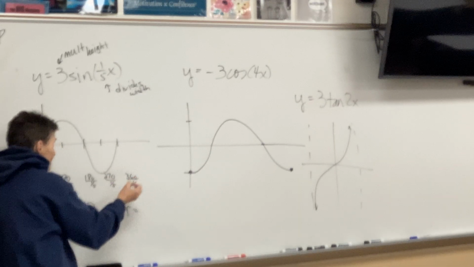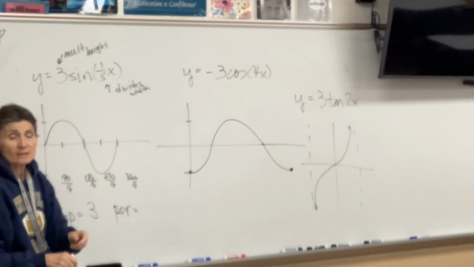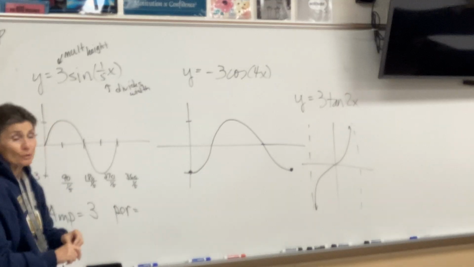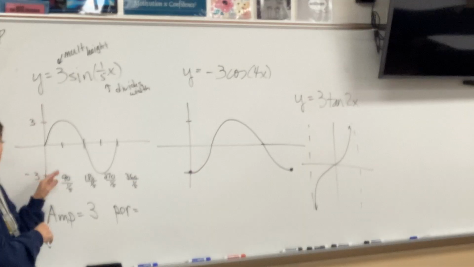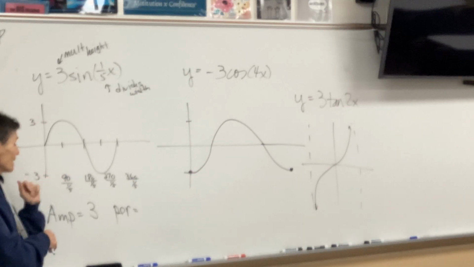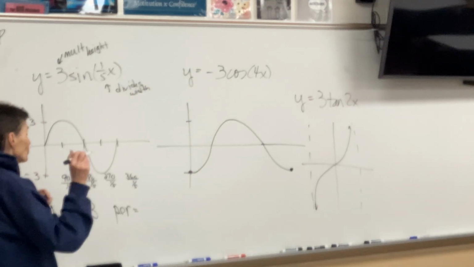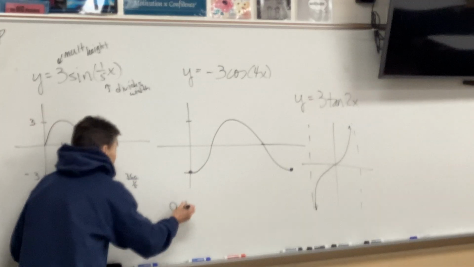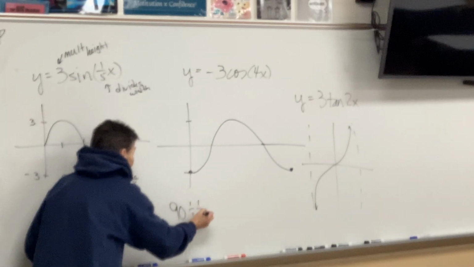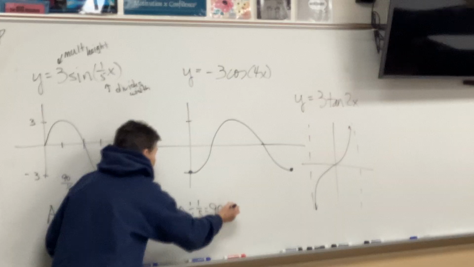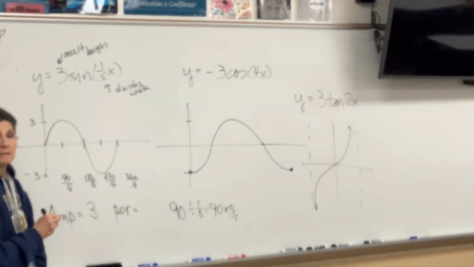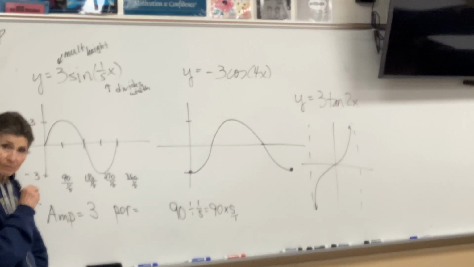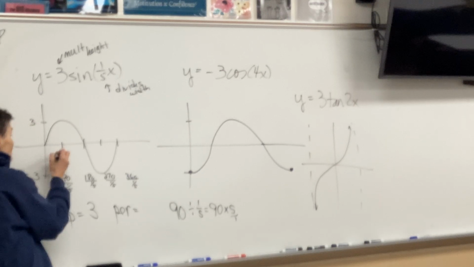Now you will have a baby calculator to do this, but you have to make sure you can. My suggestion always is to remember that 90 divided by 1/5 is the same as 90 times 5. 90 times 5 is 450.